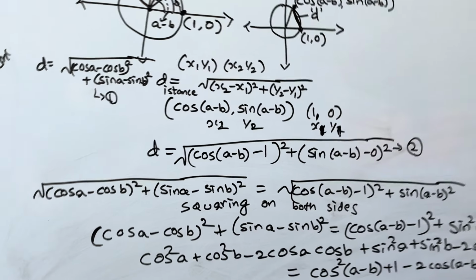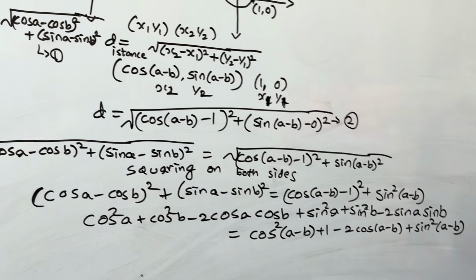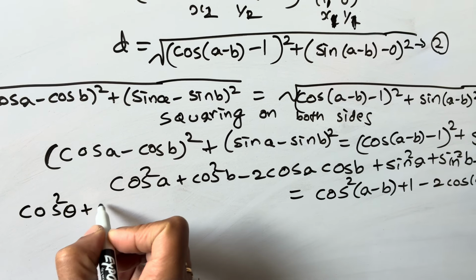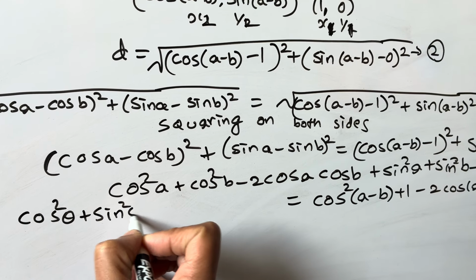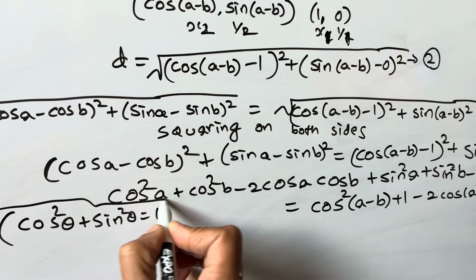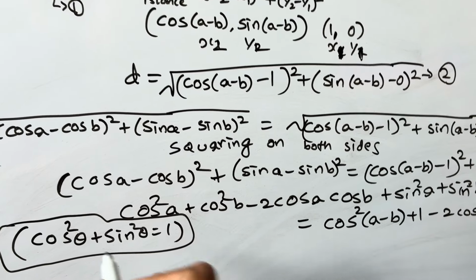So when I'm trying to simplify this, in my previous videos I have shown you the identity cos square theta plus sin square theta is equal to 1. So I'm going to apply this identity over here.